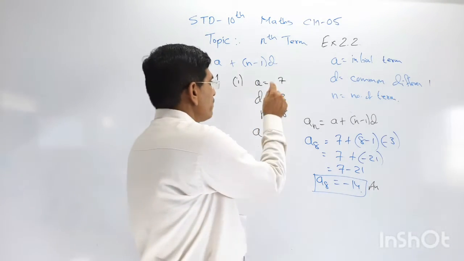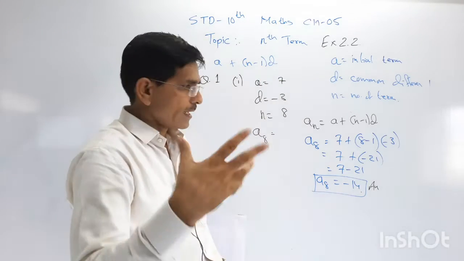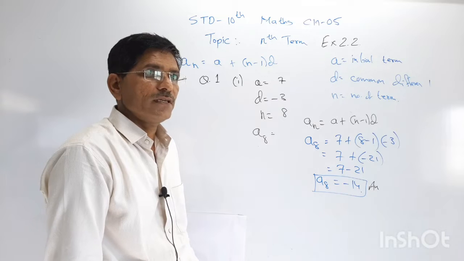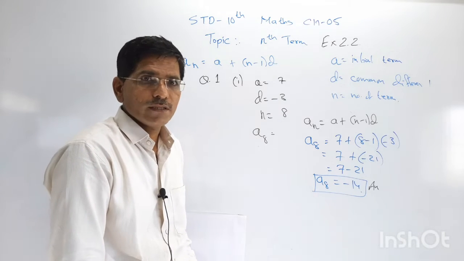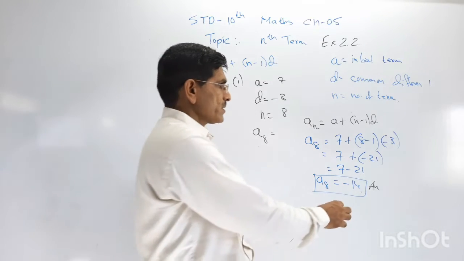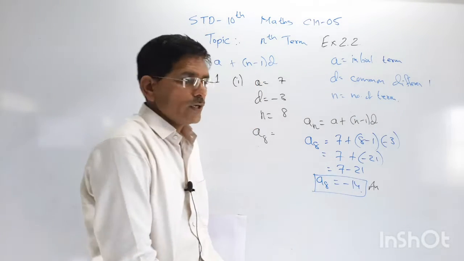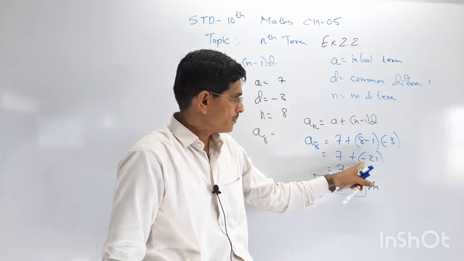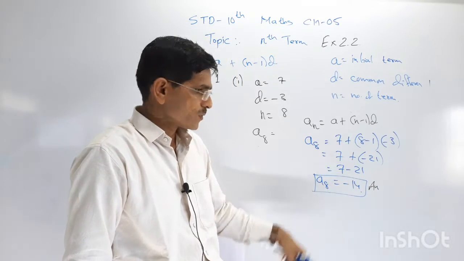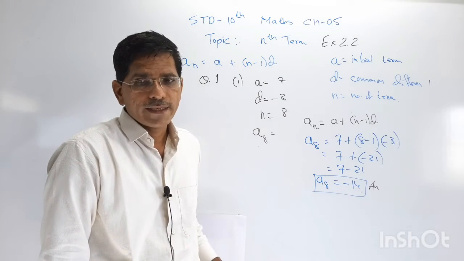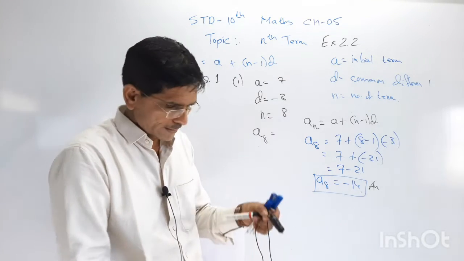But if I take plus 3, then the answer would change. Here it is plus, so plus 3, plus 21, and 7 plus 21, that is 28. That you have to write.